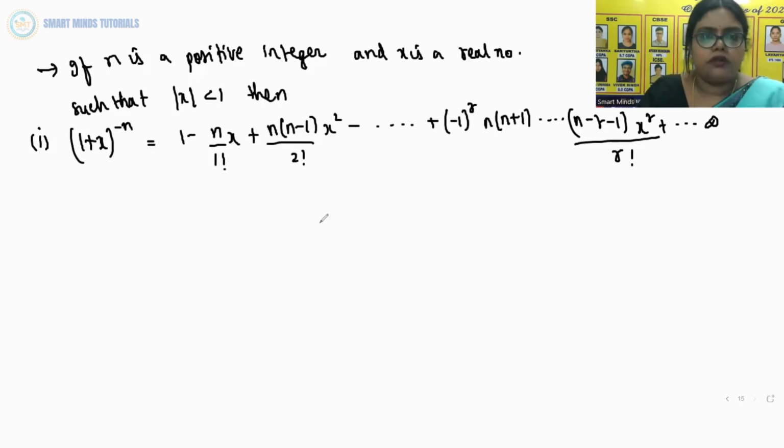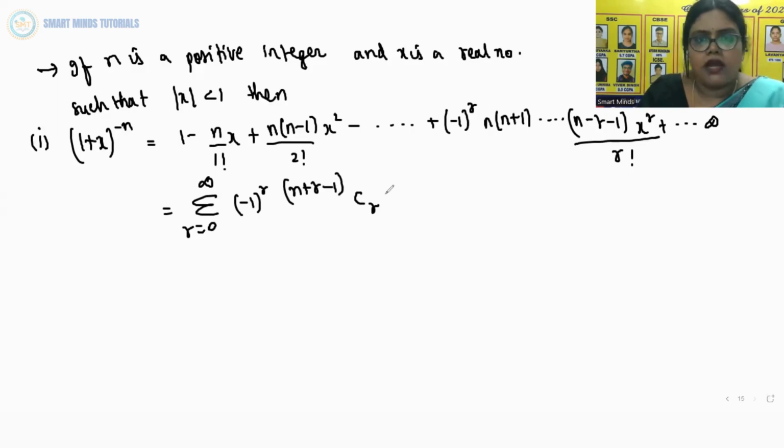So this we can write as sigma r equals 0 to infinity (-1)^r (n plus r minus 1)Cr into x^r.